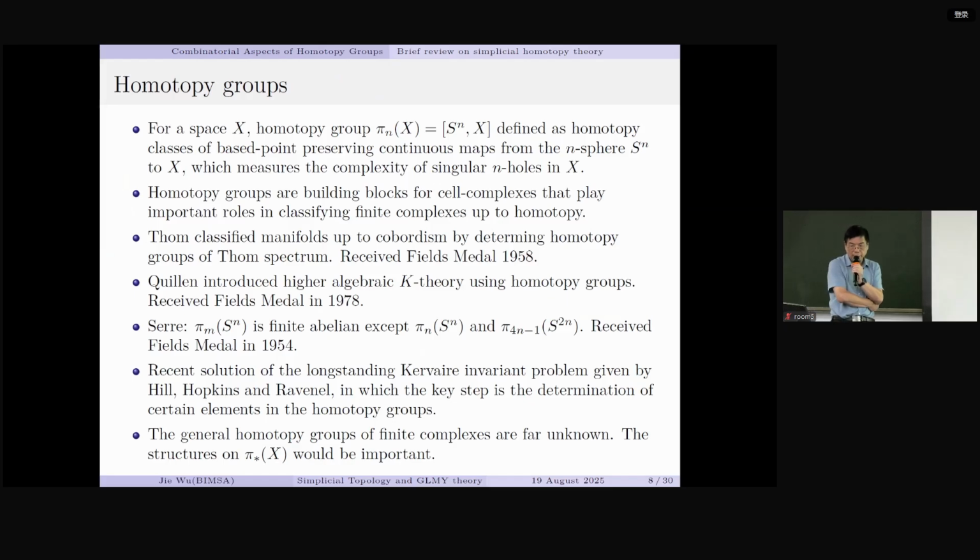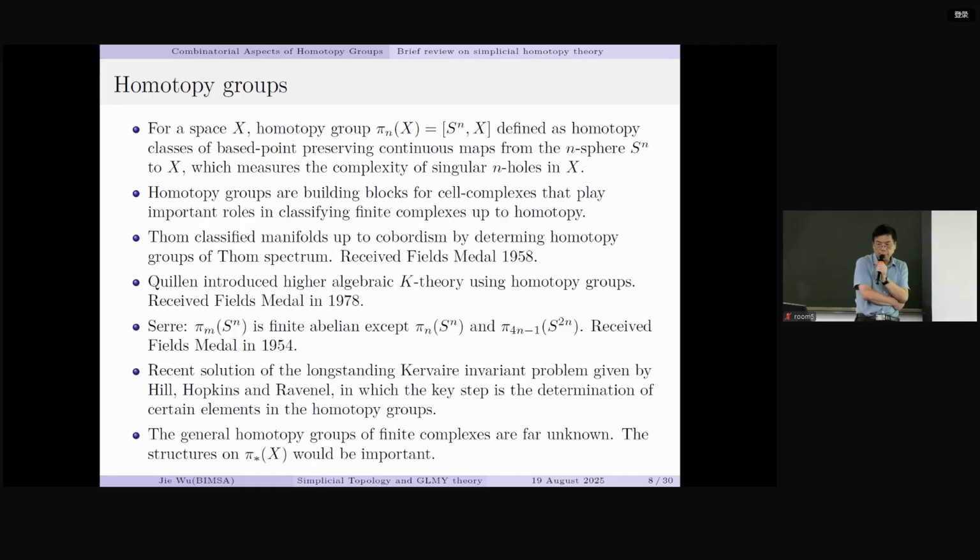And Quillen actually defined higher algebraic K-theory using homotopy groups. So what do you need to do? You start with a ring, you look at the general linear groups over that, and then you get the classifying space, and then apply Quillen's plus construction, so you get a space keeping the homology, and the higher homotopy groups show up as the K-theory.